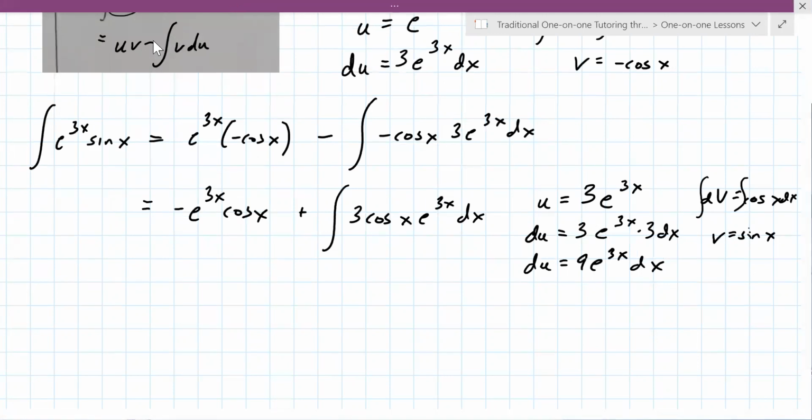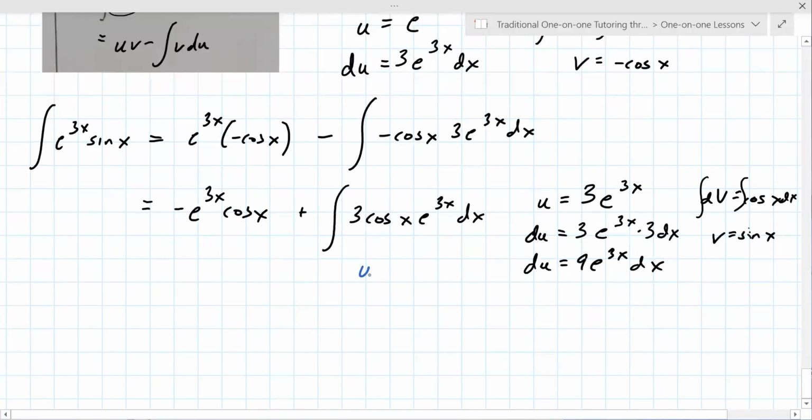Okay, and I'm just going to switch to blue again. uv minus integral v du. And we're using all this stuff over here to the right. Okay, so it's 3e to the 3x sine x minus integral sine x 9e to the 3x dx.